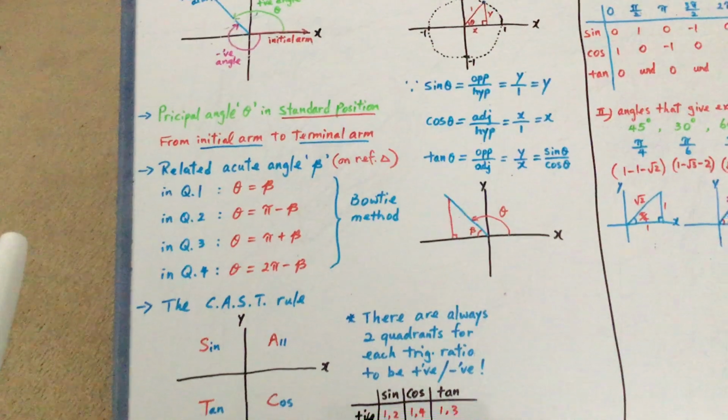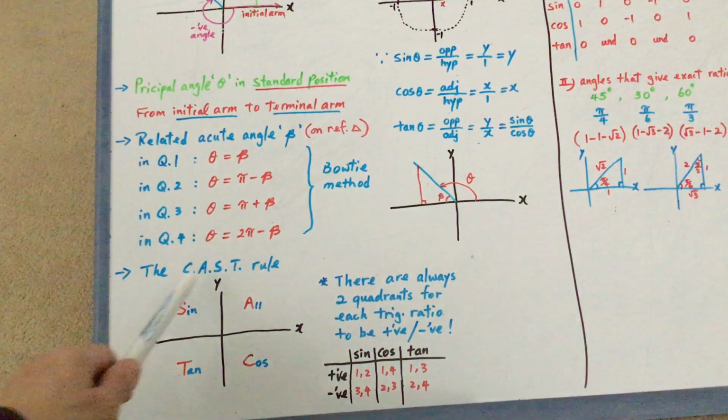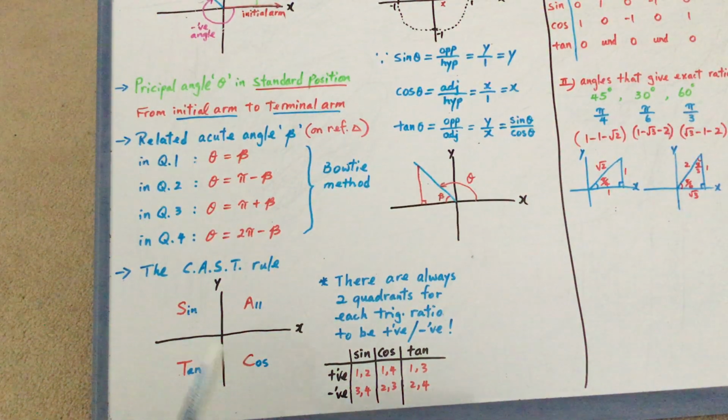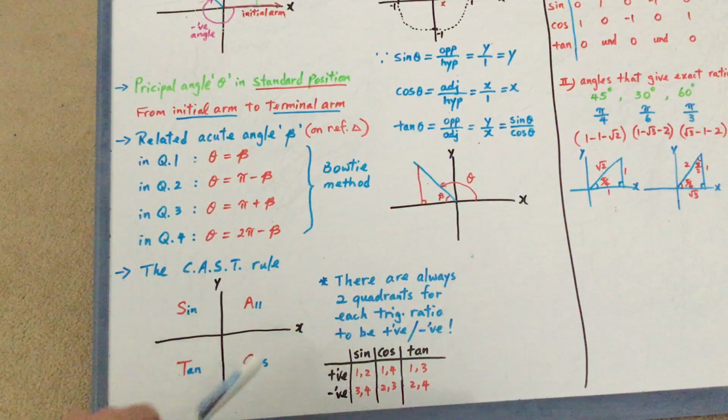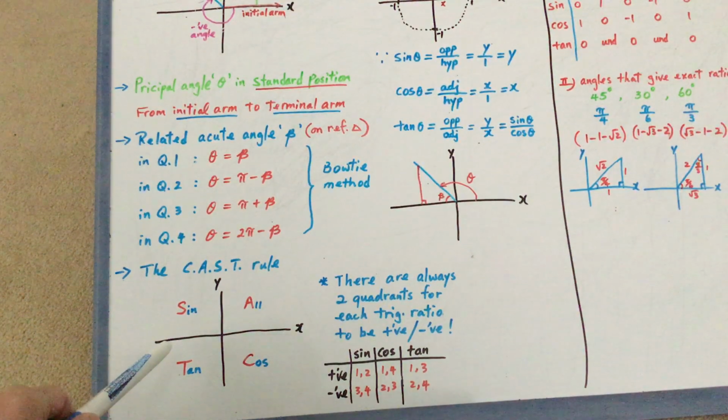And finally, you need to review the CAST rule. The CAST rule gives us the sign for each of the trig ratios, the sine, the cosine, and the tangent, and in which quadrants they will be positive or negative.